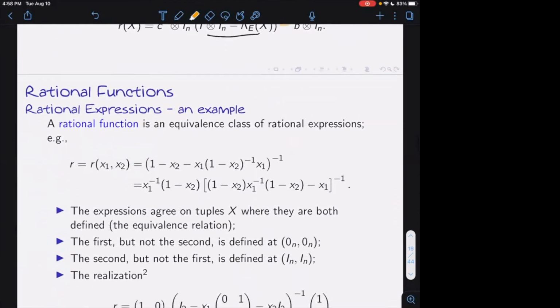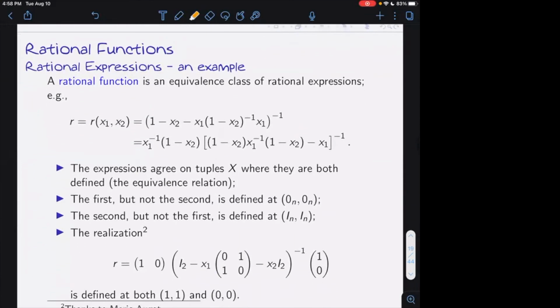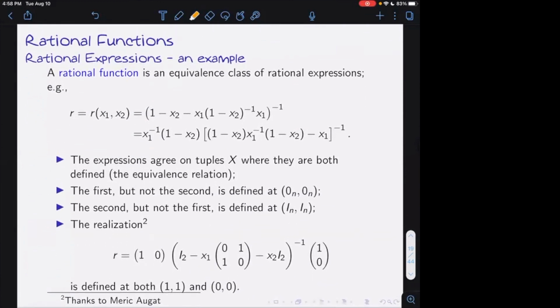And maybe I won't say too much of this. Another way of thinking of rational functions is as equivalence classes of rational expressions. If you start with this rational expression, you can do some algebra and get this rational expression. And the key thing is you'd say two rational expressions are equivalent if they agree where they're both defined.